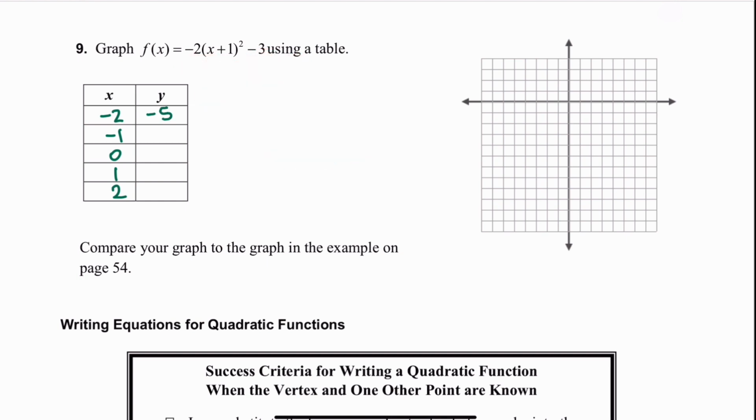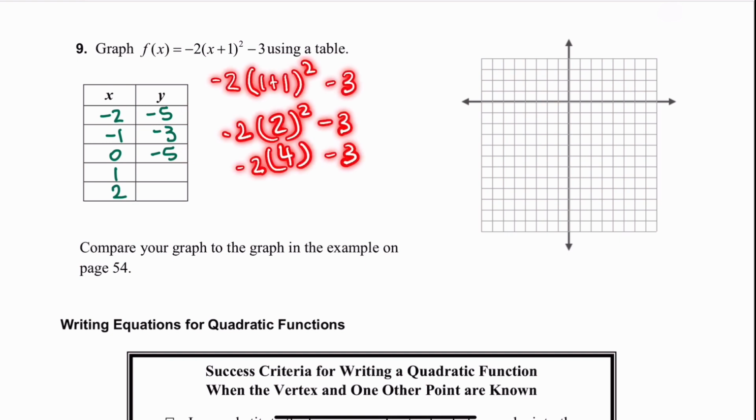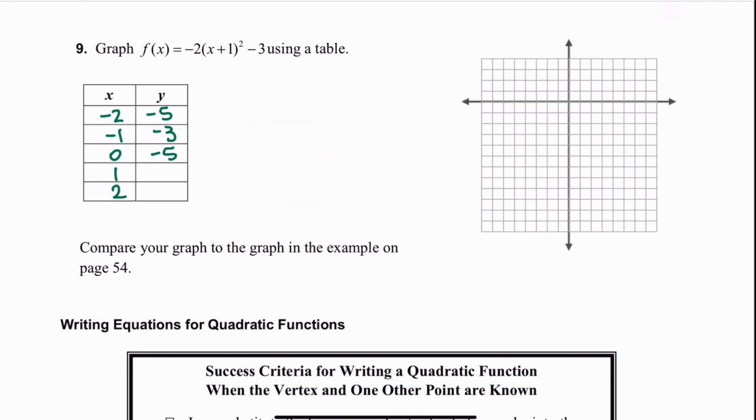Now if I put a -1 in, 0 minus 3 is a -3. Now if I put a 0 in, notice I got the same answer here and here. If I put a 1 in, -2 times 4 is -8, minus 3 is -11.